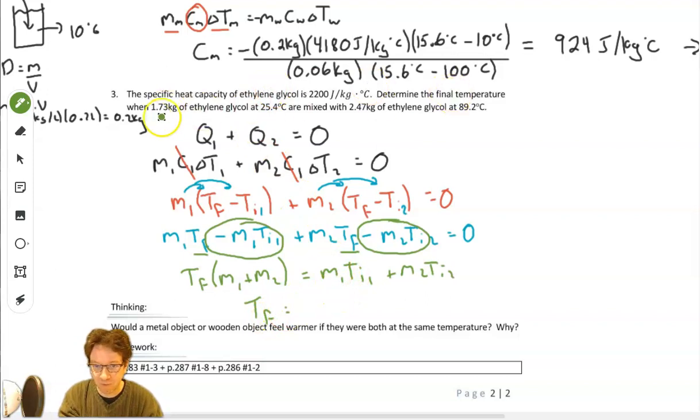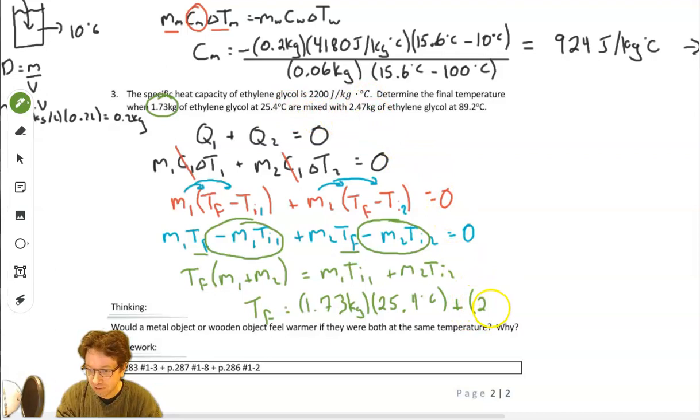so that's, is it 1.73 kilograms? And it doesn't really matter which one you label to be 1, which one you label to be 2, as long as you're consistent throughout the problem. Times the initial temperature, 25.4 degrees Celsius, plus the mass of our second mixture, which is 2.47 kilograms, times its initial temperature, which is 89.2 degrees.